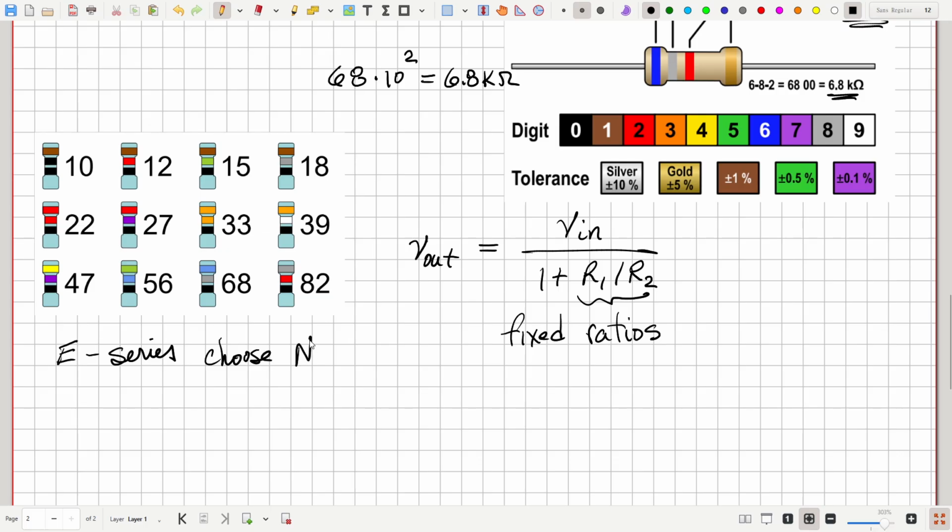So we choose a value of big N, which could be 3, 6, 12, and so on.